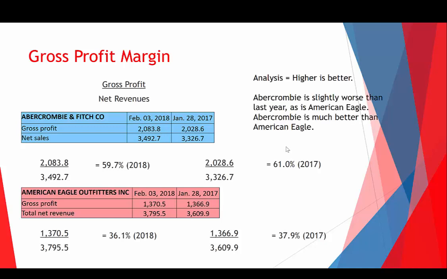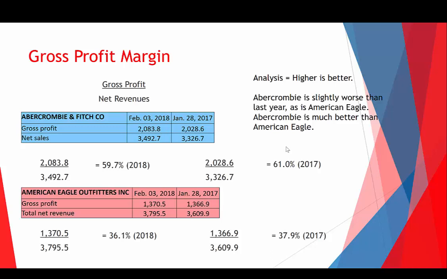Our analysis again here, you want a higher gross profit margin, which Abercrombie & Fitch definitely has. So we would go with Abercrombie & Fitch in this case as far as being better. Yeah, and it's interesting. So American Eagle, significantly lower gross margin. So that just means they're not marking up their goods as much.